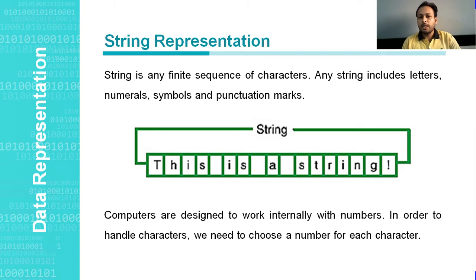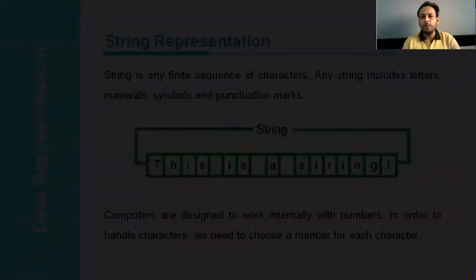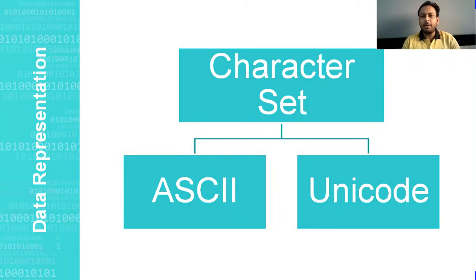Each character we press has a memory space in the computer. So when we press a character, the computer understands it by the number which is assigned to that character. This can be done by a character set.